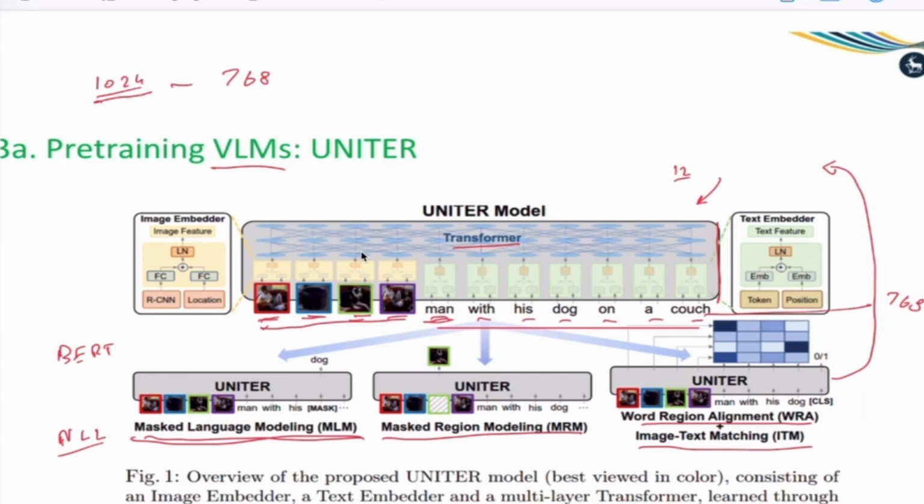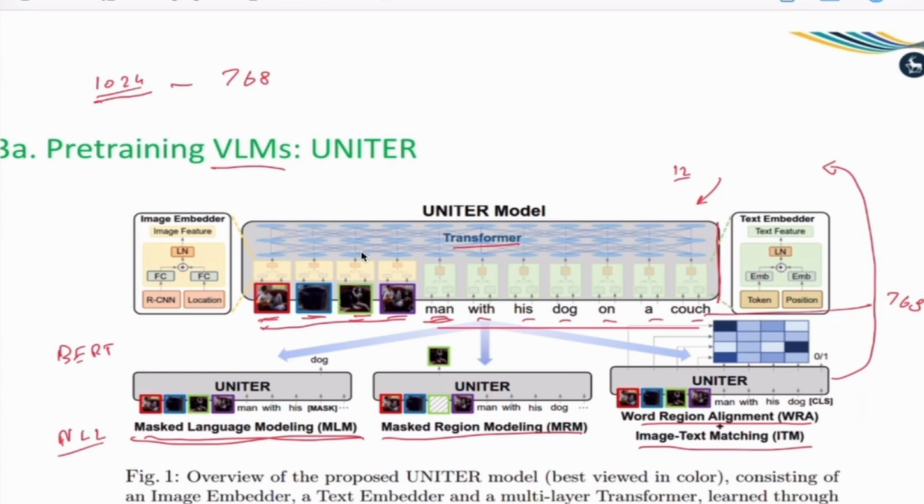We have studied this next sentence prediction loss in BERT as well. When we had language, if the 2 sentences are the same pair, then the label is positive. If you randomly pick any other sentence from the data set and couple that to the current sentence, that will most likely not make sense, because those 2 will not convey the same thing, so that will be negative.